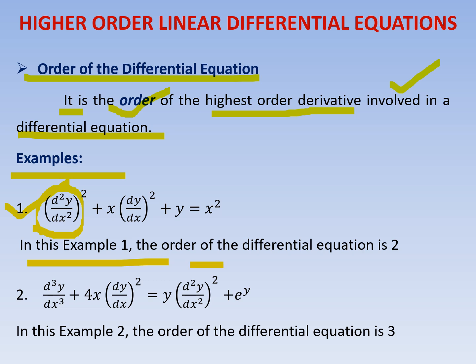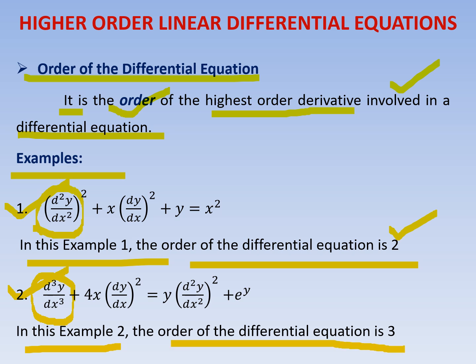So, the order of the differential equation is 2. Second example, in this example 2, the highest order derivative involved in the equation is d cube y by dx cube. So, the order of the differential equation is 3.